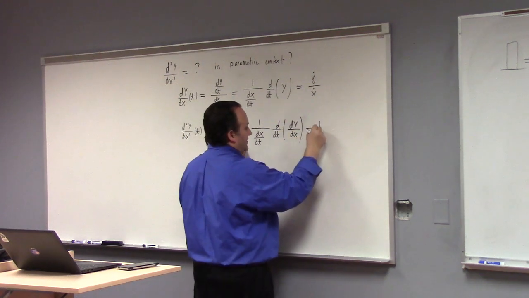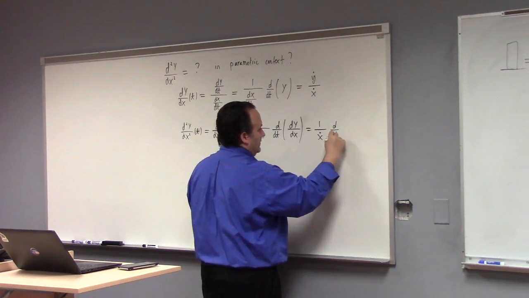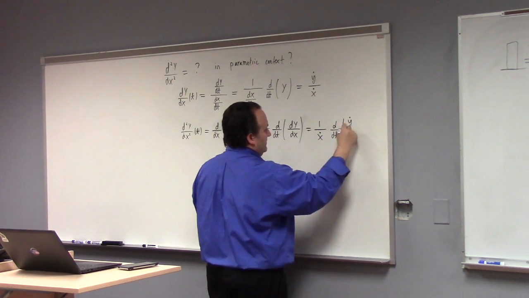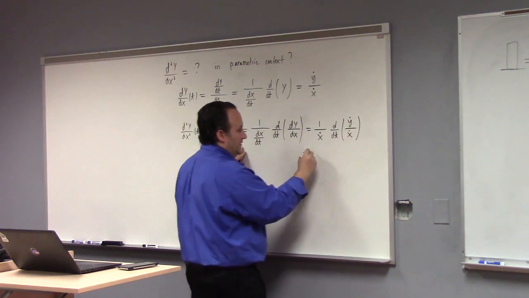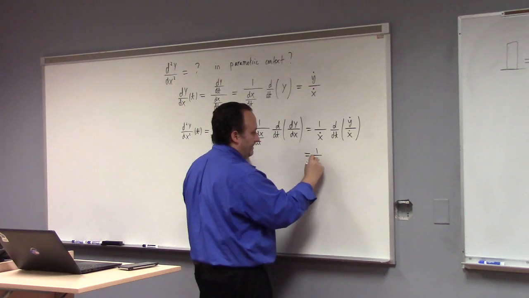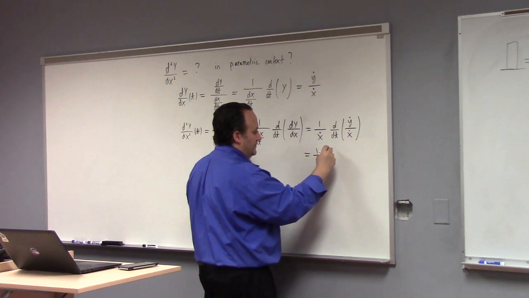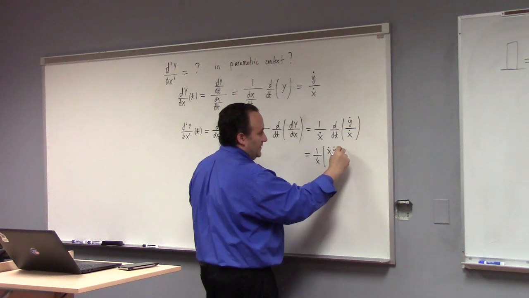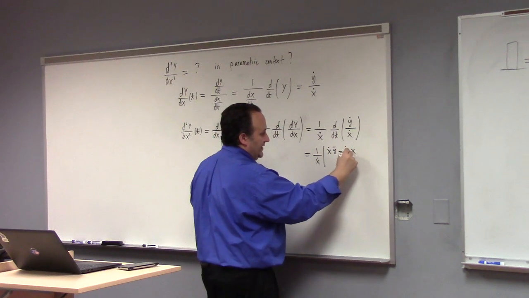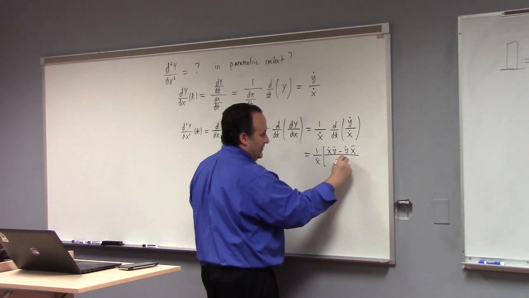So what we're looking at here is 1 over x dot times d dt of y dot over x dot. And then you've got a quotient rule, right? So that's 1 over x dot times x dot y double dot minus y dot x double dot divided by x dot squared.